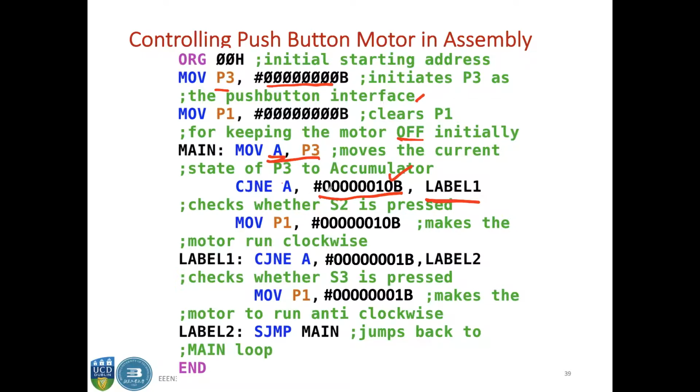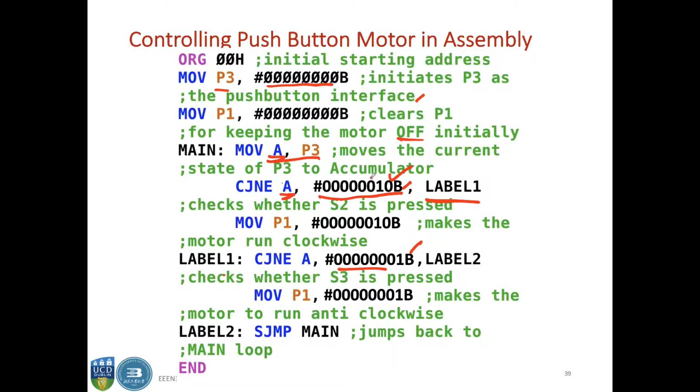If this is not equal to it, so CJNE means compare and jump if not equal. If whatever is in your accumulator is not equal to this number, then you jump to level 1 and then compare it with this number. So it has to be either this number or this number.